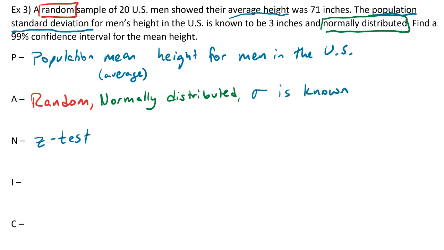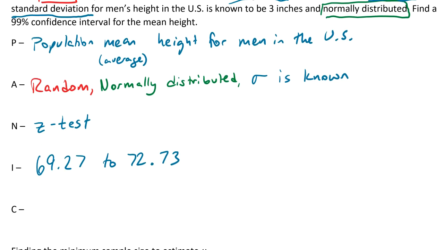All right, so our interval was 69.27 to 72.73 if we round it to 2 decimal places. So lastly, we just need to do our conclusion.